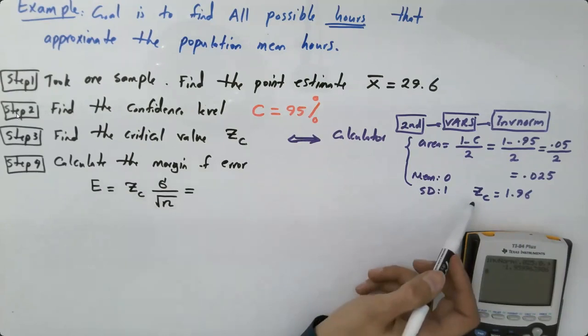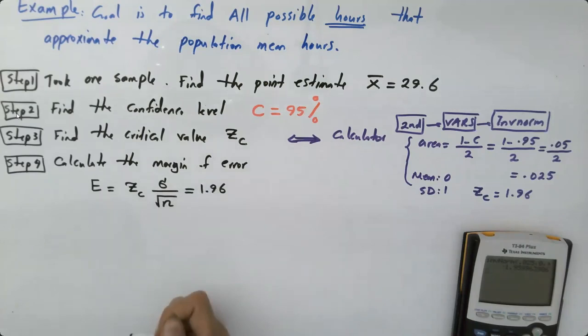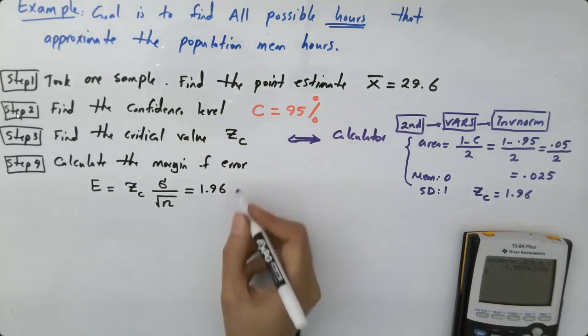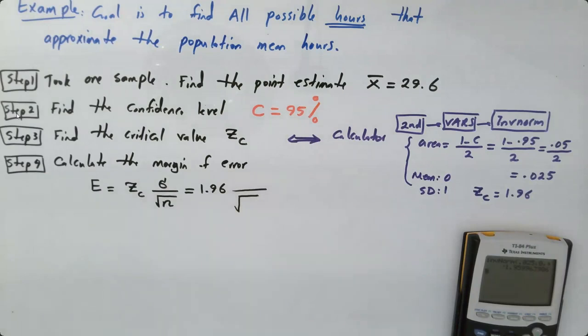Z sub C, I already calculated: 1.96. What is sigma? What is N? For these two, we need to take a look at the question. What information is given to us about the population standard deviation and the sample size?